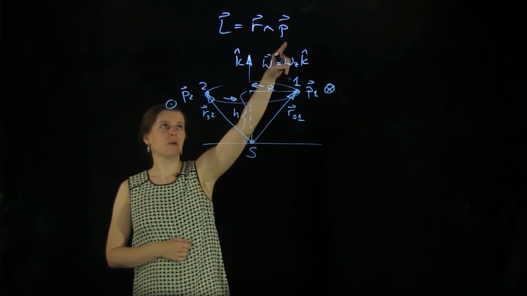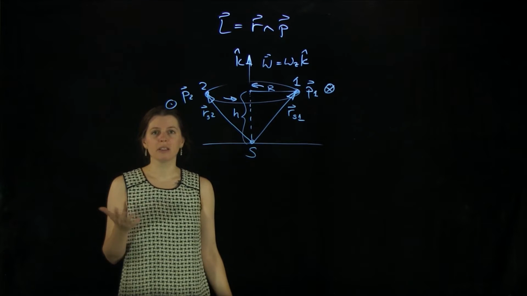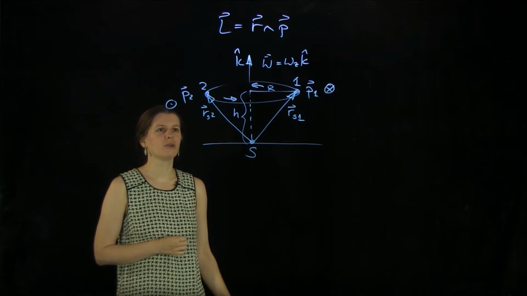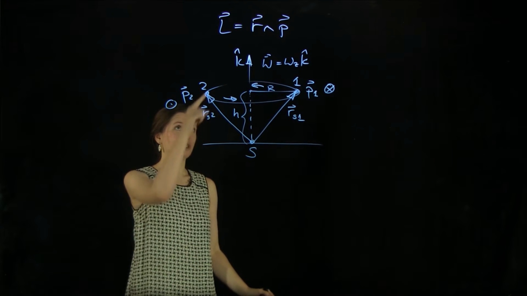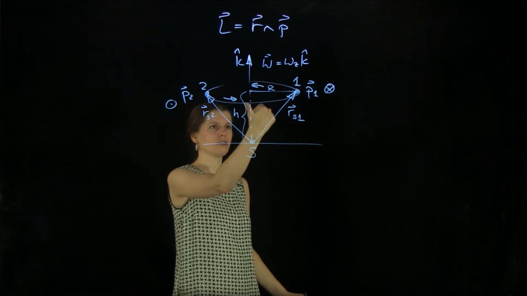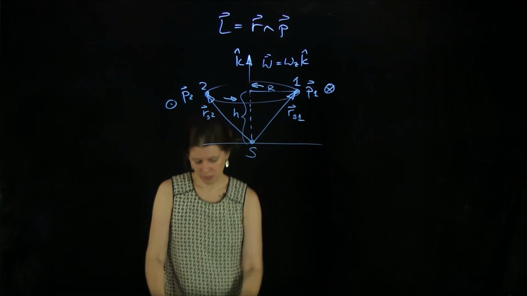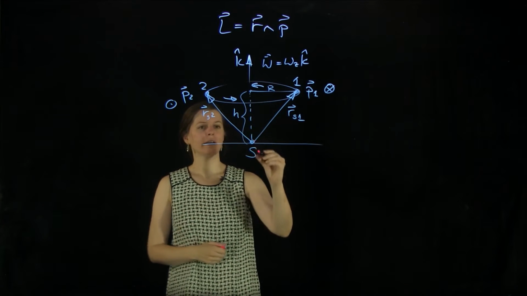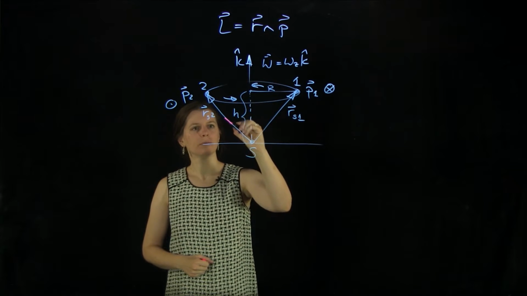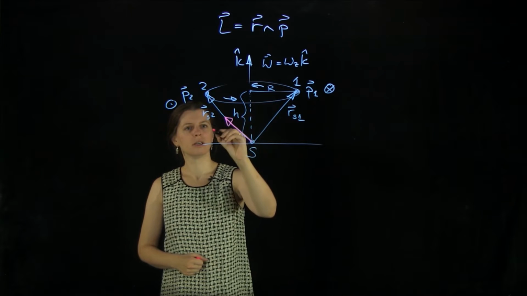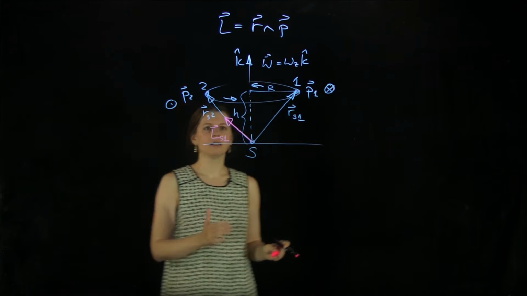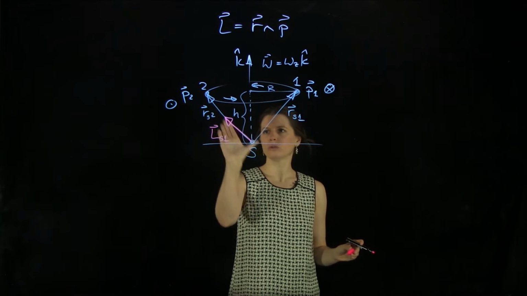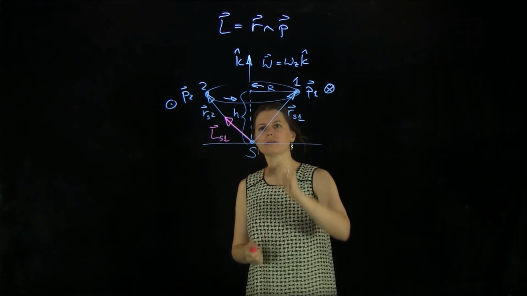If we consider this equation, we can already graphically determine what the answer is going to be. We do r cross p, which means LS1 is going to point in this direction, and alternatively, LS2 is going to go this direction.